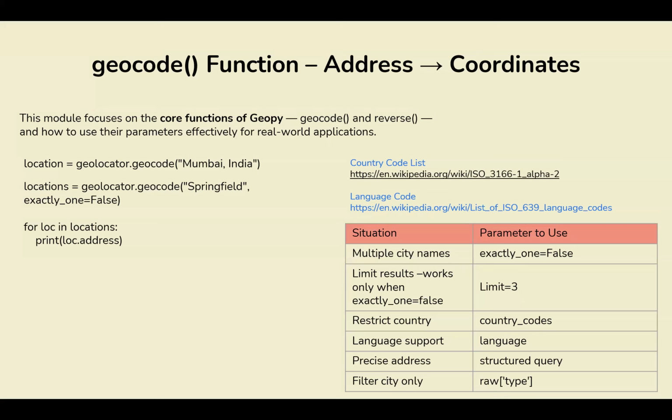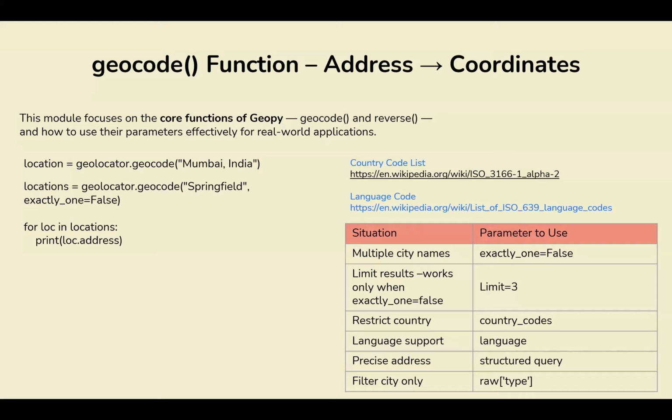If you just write Hyderabad, Hyderabad city is available in India and Hyderabad city is available in Pakistan also. So in GeoPy, we have the facility where we can restrict our search to a particular country. Means I want to find out Hyderabad, but in which country? India.